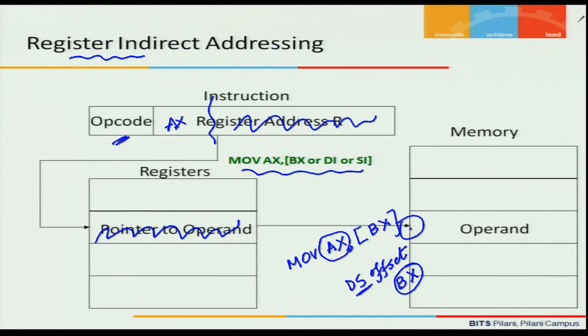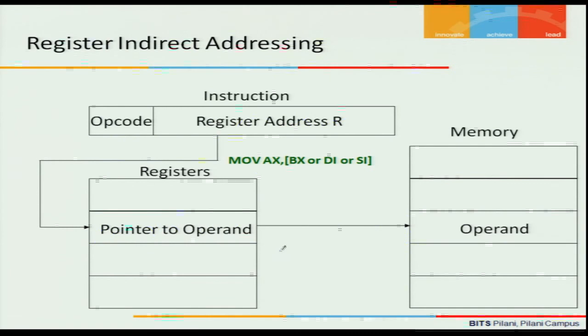Now the main advantage of this addressing comes from the fact that supposing I wanted to move an array of bytes, starting from some memory location and ending at some other memory location, to some other place. What I will have to do is go on reading a byte followed by another byte and so on, a sequence of bytes from a memory location.